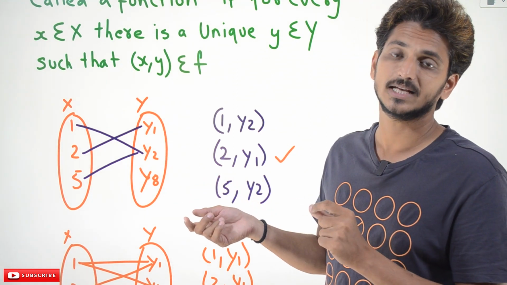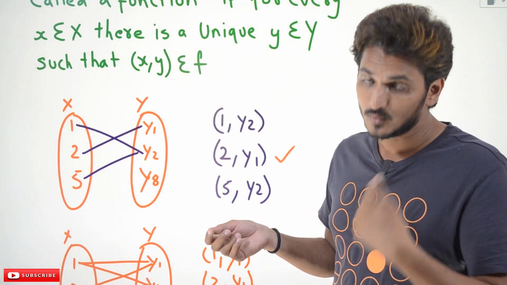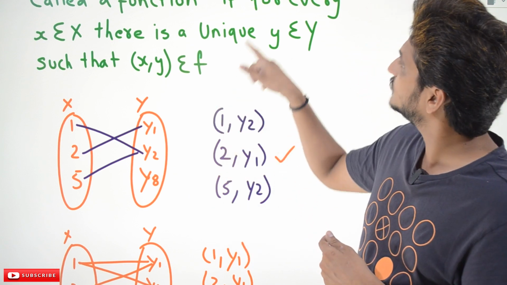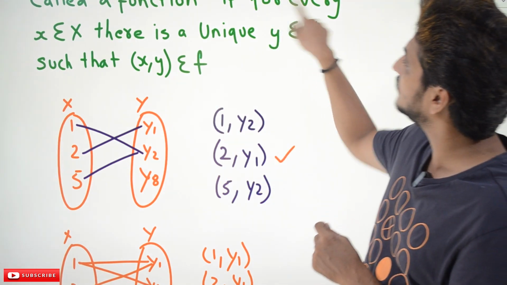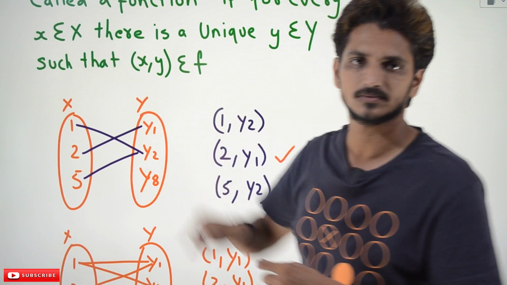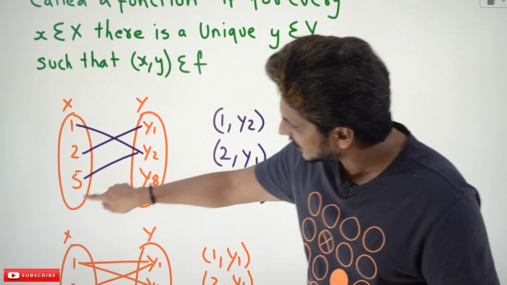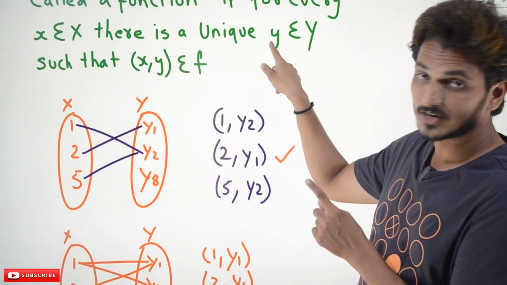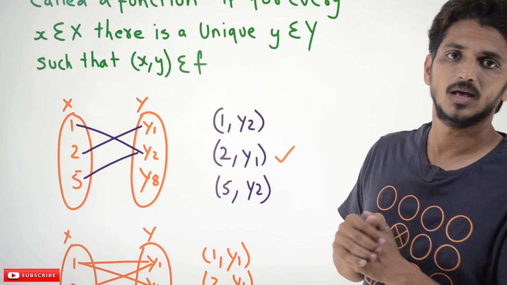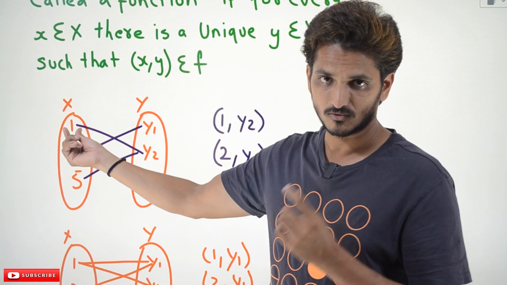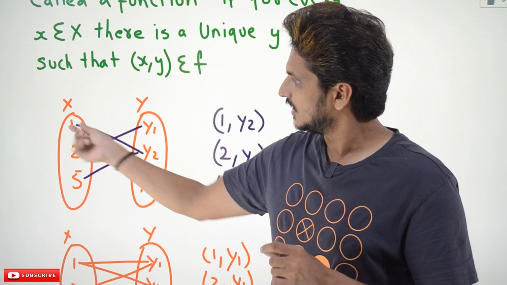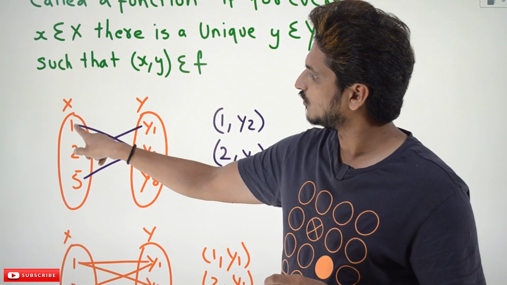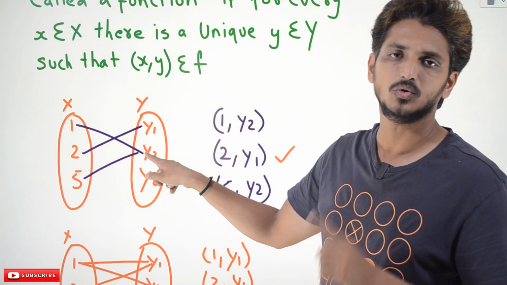Yes, we can call this a function. Why are we going to call this a function? It is satisfying this condition: for every element x belonging to X, there must be a unique y belonging to Y. If you take 1, which is an element of X, 1 is mapped with y2.